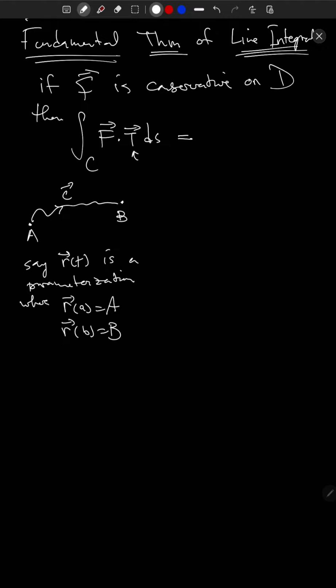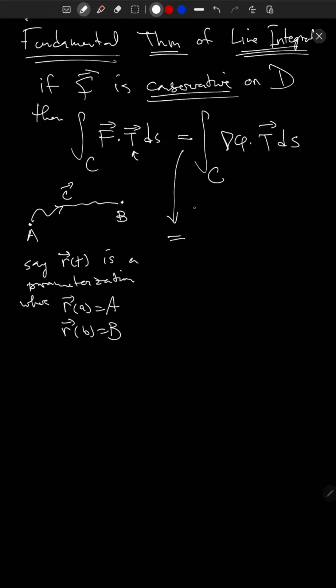I want to write this down because we're going to actually calculate this line integral. So what is it? The first step is I'm just going to use the fact that F is conservative. F is conservative literally means F is the gradient of some function phi. This is the first thing that we definitely know. And then now we're going to use our parameterization.